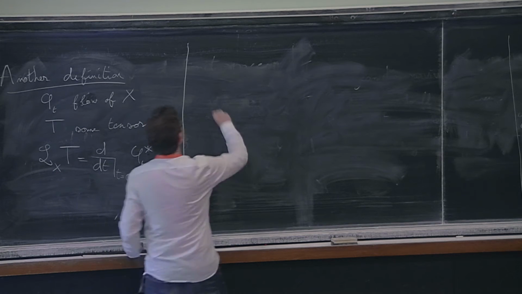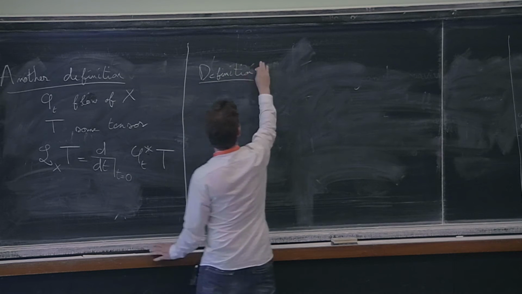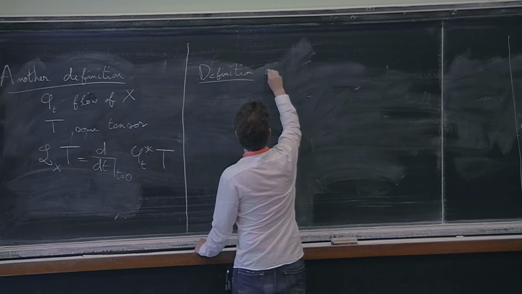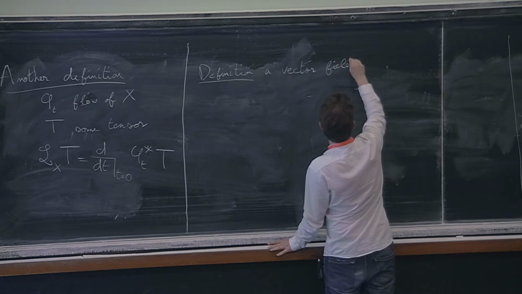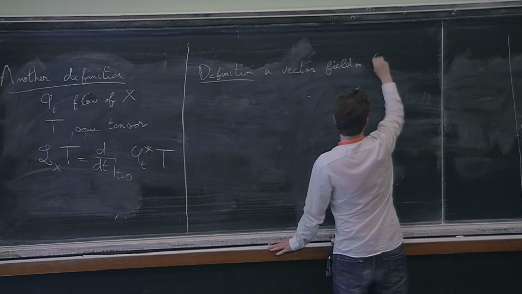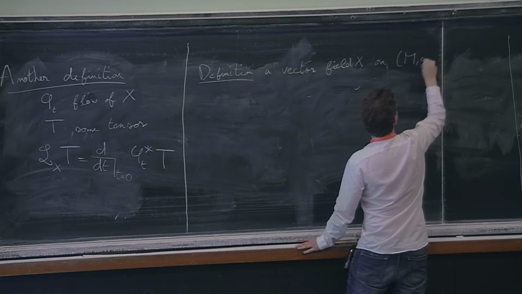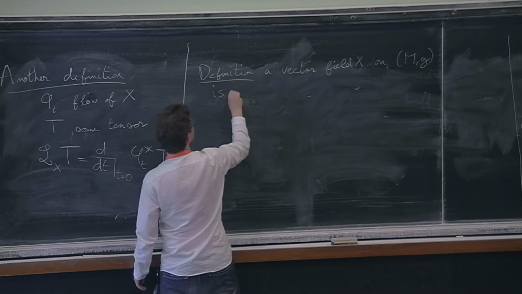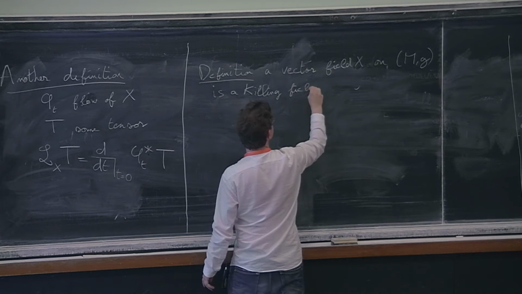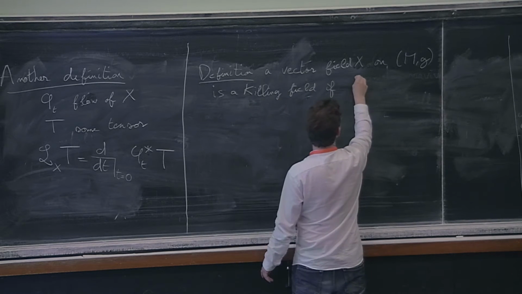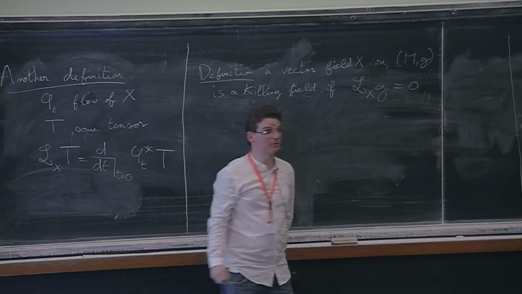Okay, it is the following. Definition. So a vector field x on a manifold Mg is a Killing field if the Lie derivative of the metric in the direction of x is equal to 0.